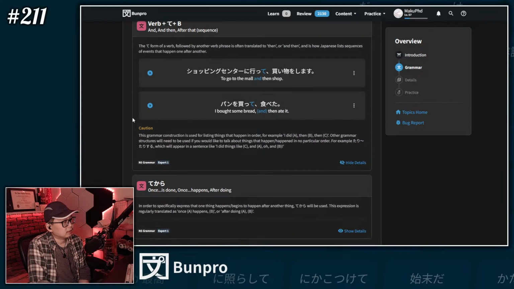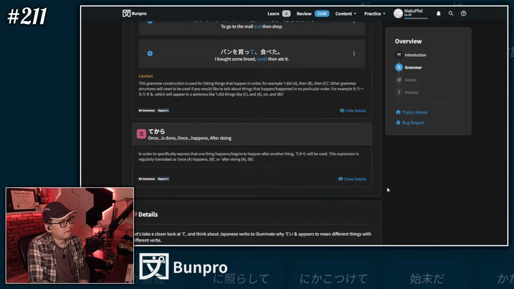This grammar construction is used for listing things that happen in order, right? The sequence. For example, I did A, then B, then C. Other grammar structures will need to be used if you would like to talk about things that happened in no particular order. For example, tari suru, which will appear in the sentence I did, like, yep.